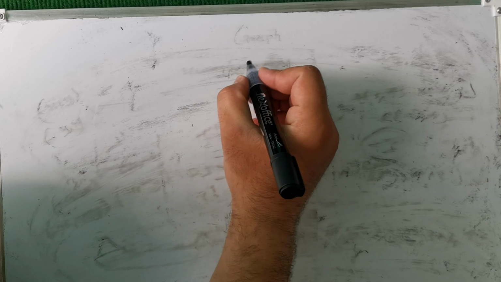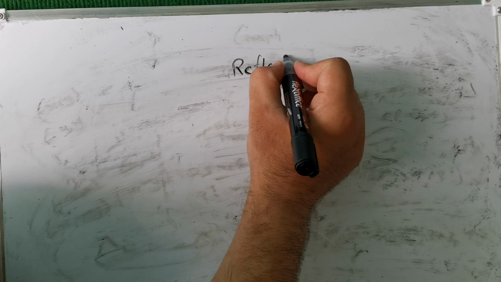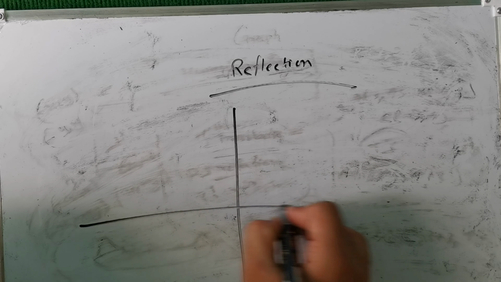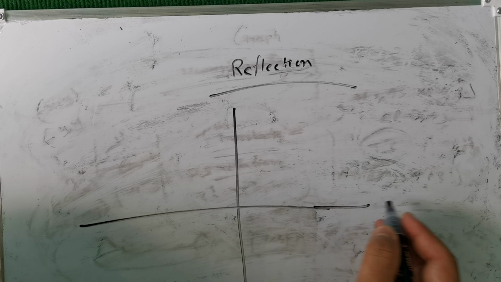Okay, now reflection. Reflection means just the opposite. If it is (-1, 3), that becomes (1, 3). Whether it is reflection in the clockwise or anti-clockwise direction, the symbol will change according to the order.